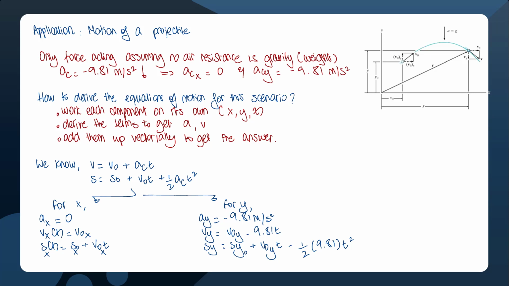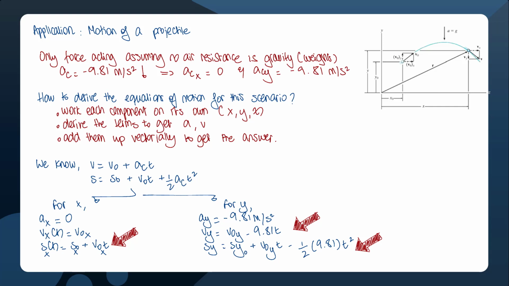And so by doing that, we're left with only three equations. s_x is equal to s_0x plus v_0x t, v_y is equal to v_0y minus 9.81 t, and s_y is equal to s_0y plus v_0y t minus half 9.81 t squared.